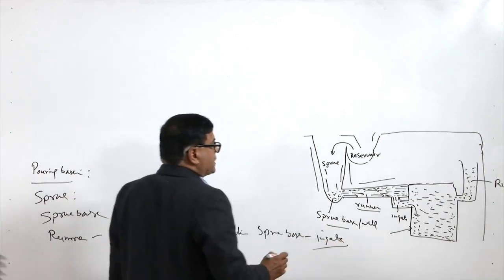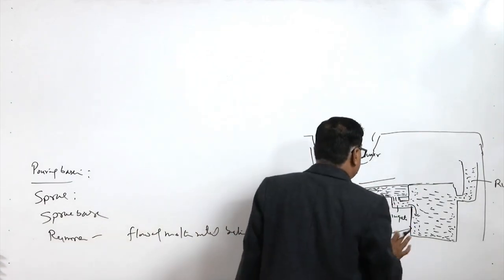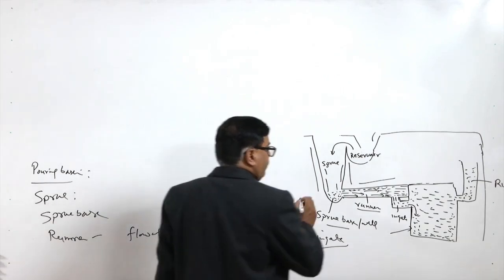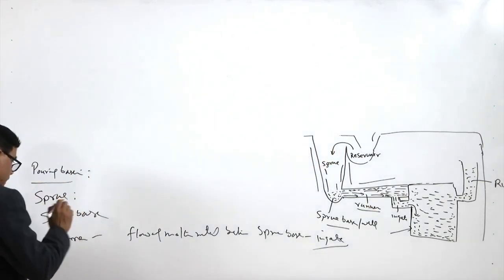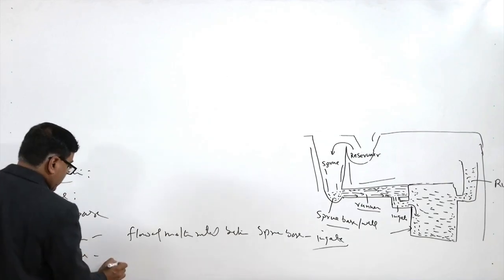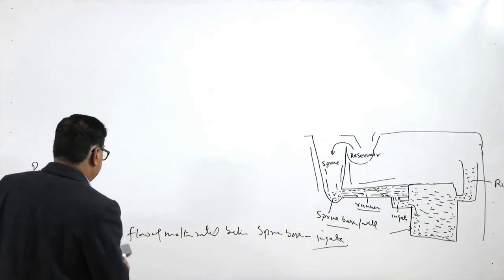The sprue and runner are normally made in the cope portion of the mold and the drag, while the ingate is prepared in the drag portion of the mold.